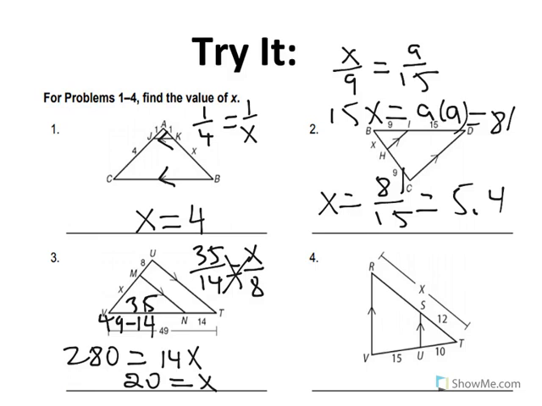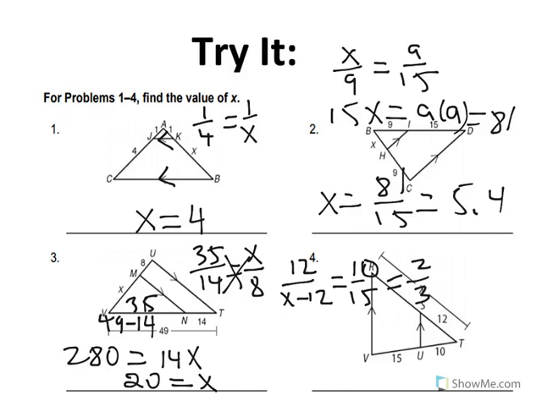Right. Okay, and then for number 4, notice that from R to T is x, so then this is x minus 12. Right. So then we can use our proportion. We said 12 over x minus 12 equals 10 over 15. Well, 10 over 15 can be reduced to 2 over 3, to make our work easier.